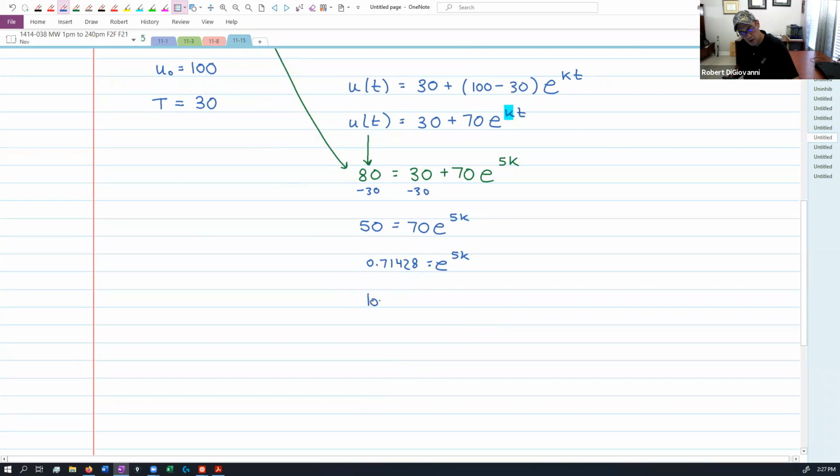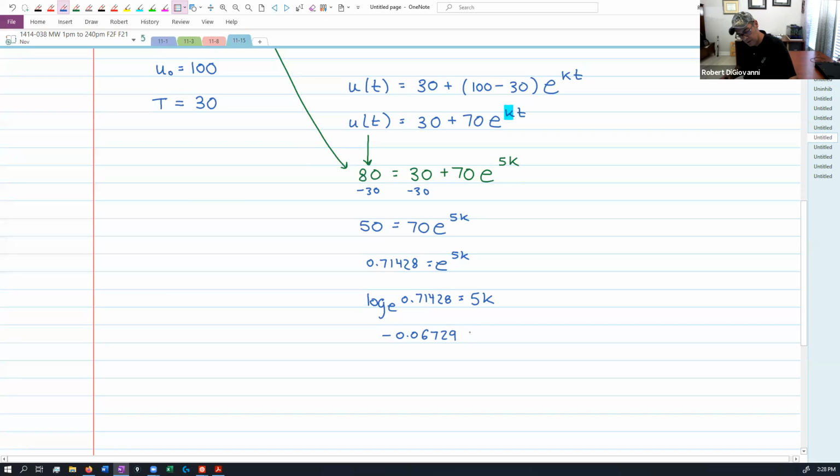And then we take the log. I'm going to do the log on my calculator. And then I'm going to divide both sides by 5. So we should get negative 0.06729.